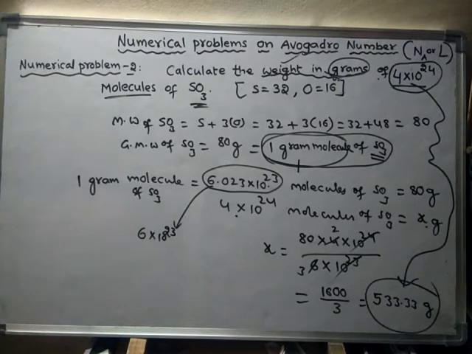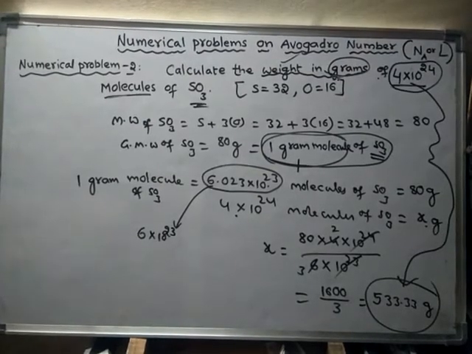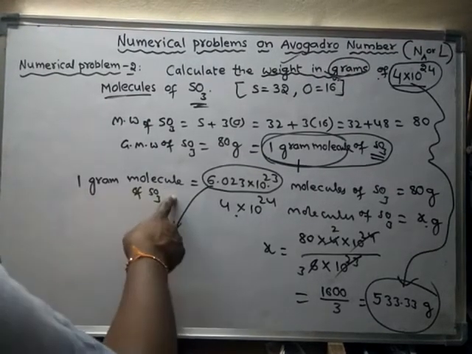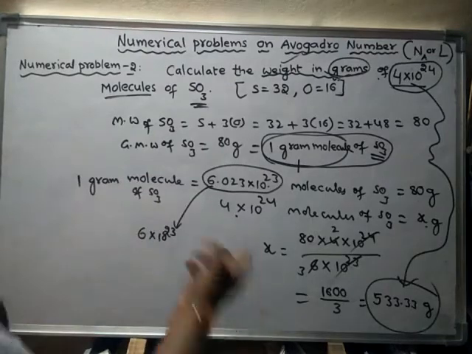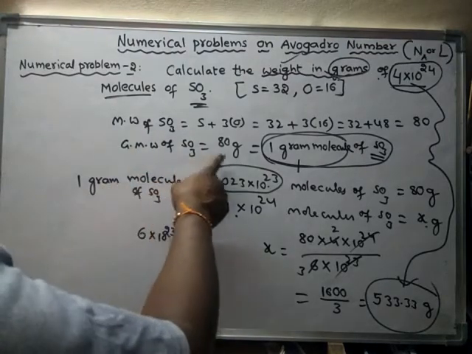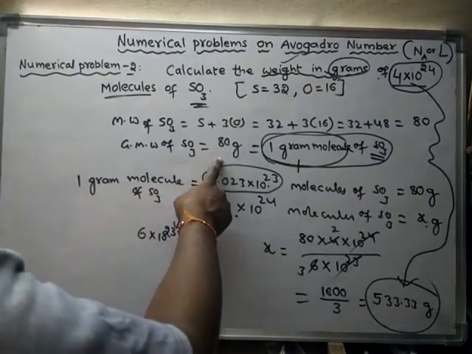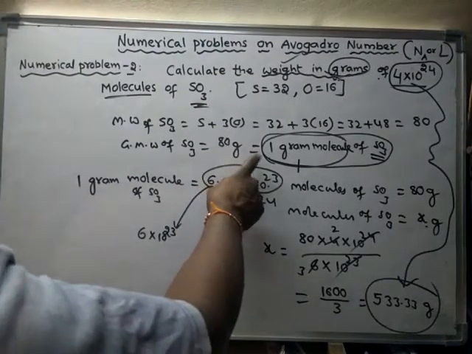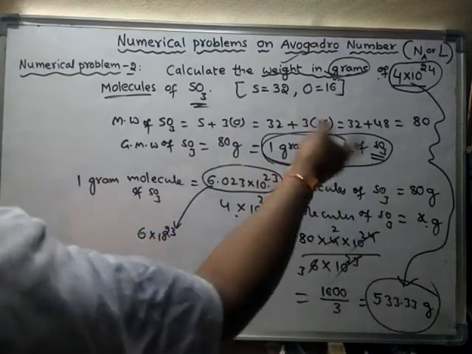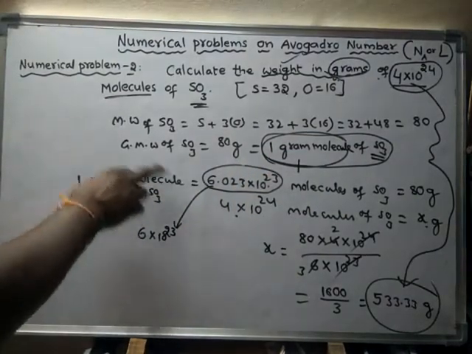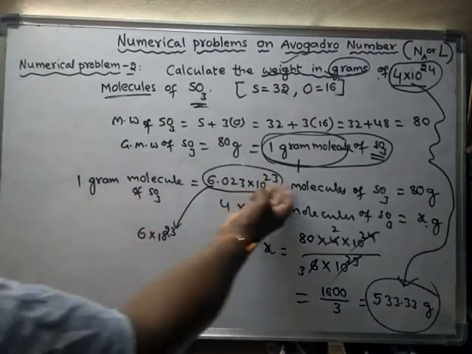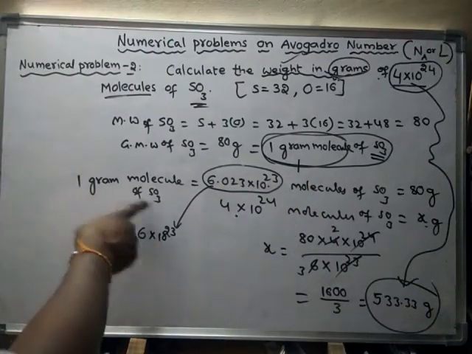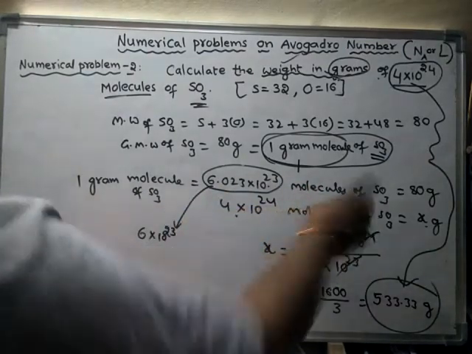Like this we can calculate the weight of a given substance with the help of Avogadro number. Remember that 1 gram molecular weight of any substance is equal to its molecular weight, its mass in grams, or else 1 gram molecule of that substance. So 1 gram molecule of any substance contains these many molecules. Here it is SO3, hence these many SO3 molecules.